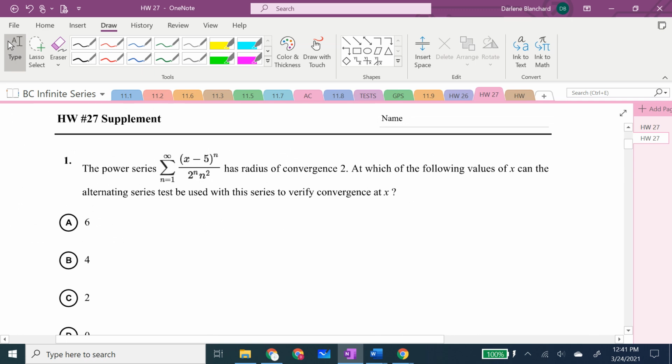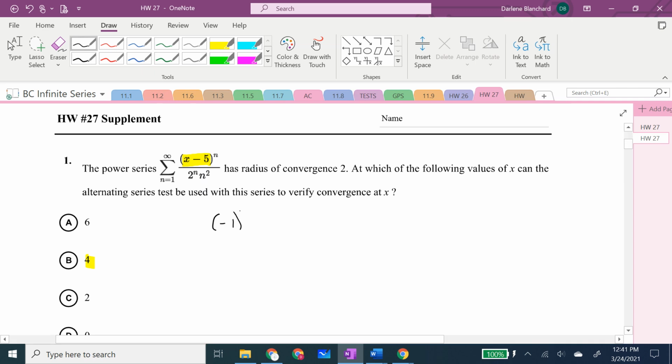Number 1 says the power series has a radius of convergence 2. At which of the following values of x can the alternating series test be used with this series to verify convergence at x? Well, if I'm going to use the alternating series test, then I'm probably getting a negative 1 out of this. 4 would make that a negative 1.